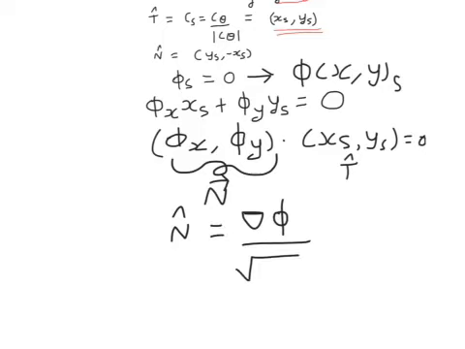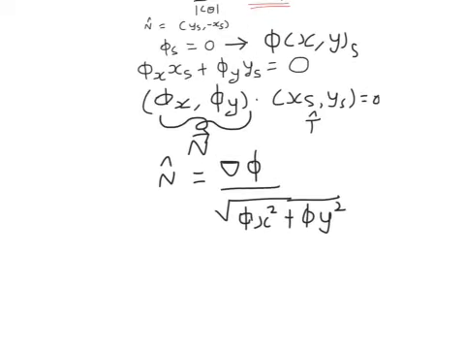That would be given by the square root of phi x square plus phi y square, which is del phi divided by the magnitude of del phi.